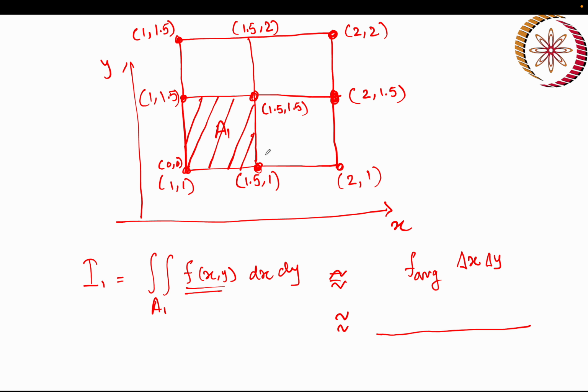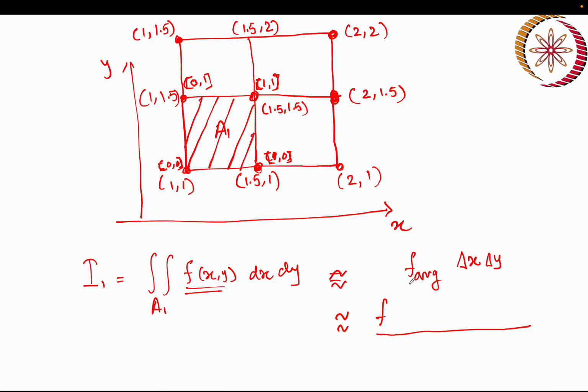So this will be 0 0, this will be x is 1 and y is 0, this will be x is 1 and y is 1, and for this point the x index will be 0 and y index will be 1.